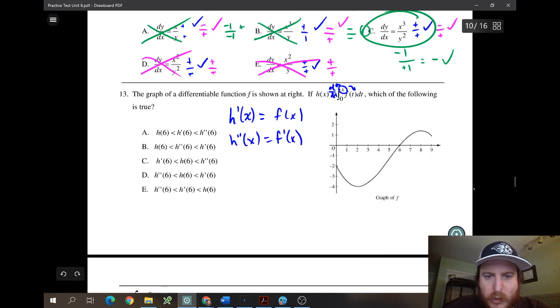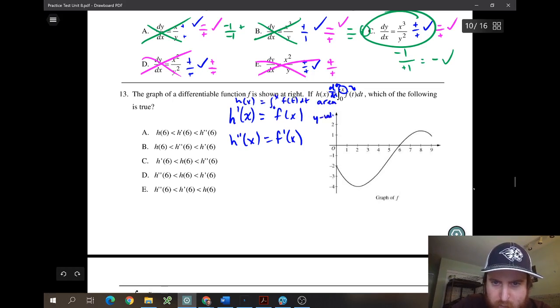So based on the graph of f, h of x is the area under the curve. H prime of x is the y value. And then h double prime of x is the slope.